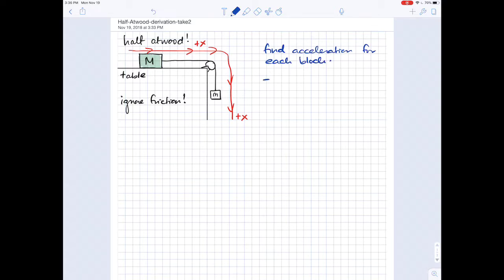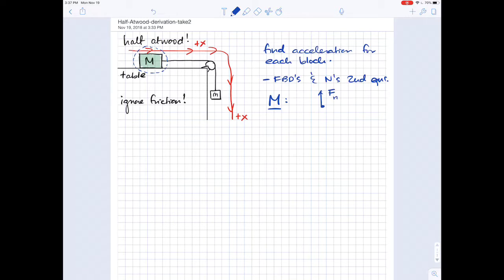Okay, so we're going to do free body diagrams, and we're going to do Newton's second law equations. All right, so for the block on the table, I'm going to draw a little circle around it and look to see what's going on. So here's my circle. It has a force up on the block from the table.